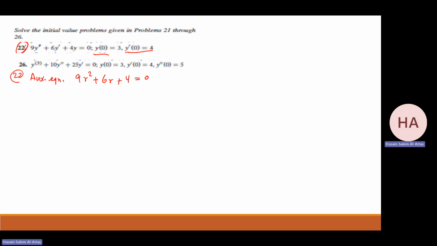No, it will not be easily factored. Let me use the quadratic formula: minus b plus or minus the square root of b squared, 36, minus 4ac, over 2 times 9, which is 2a.